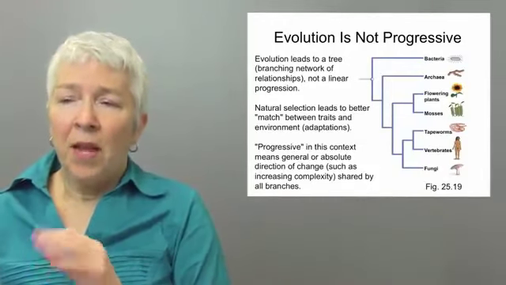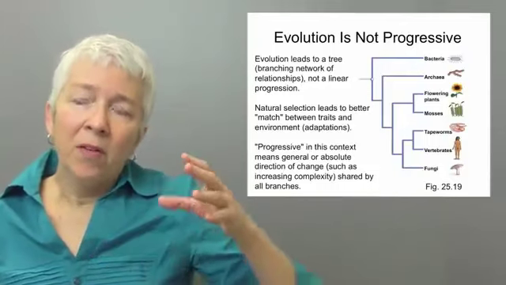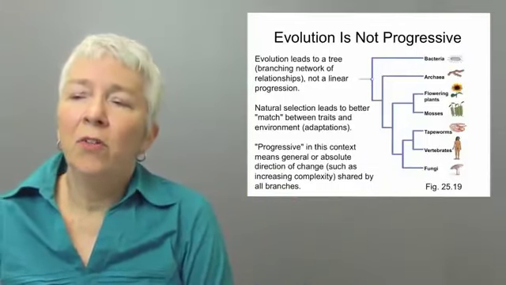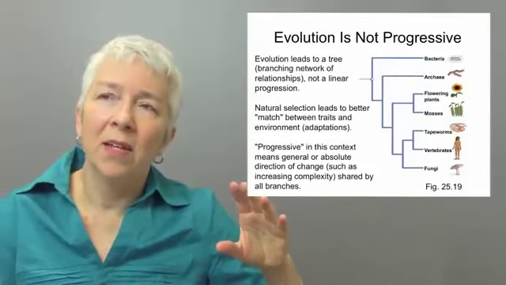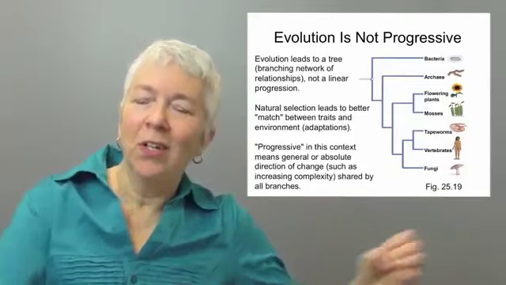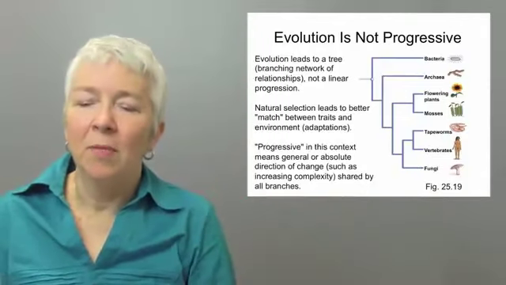And another really important point about how changes accumulate during evolution is to note that evolution is not progressive in the sense that it always leads in one particular direction in all branches at the same time.